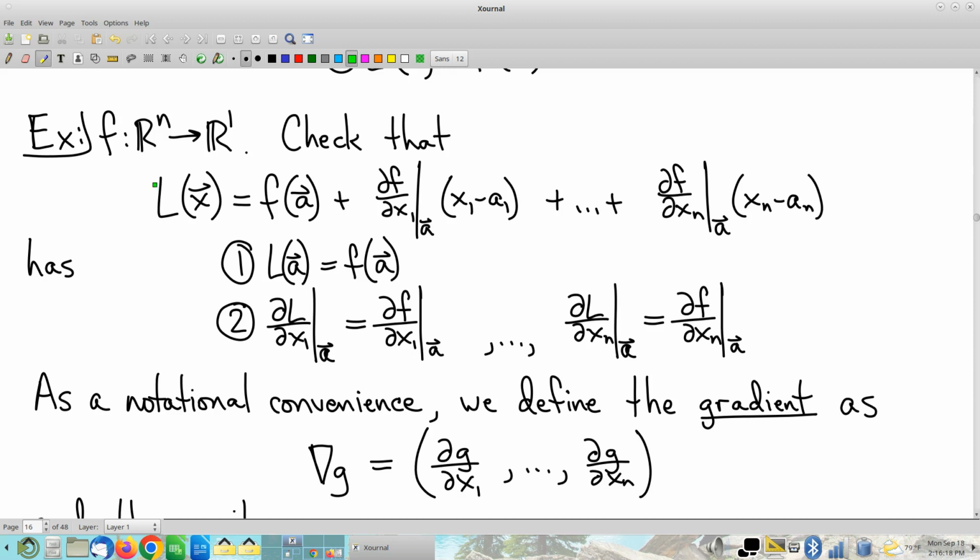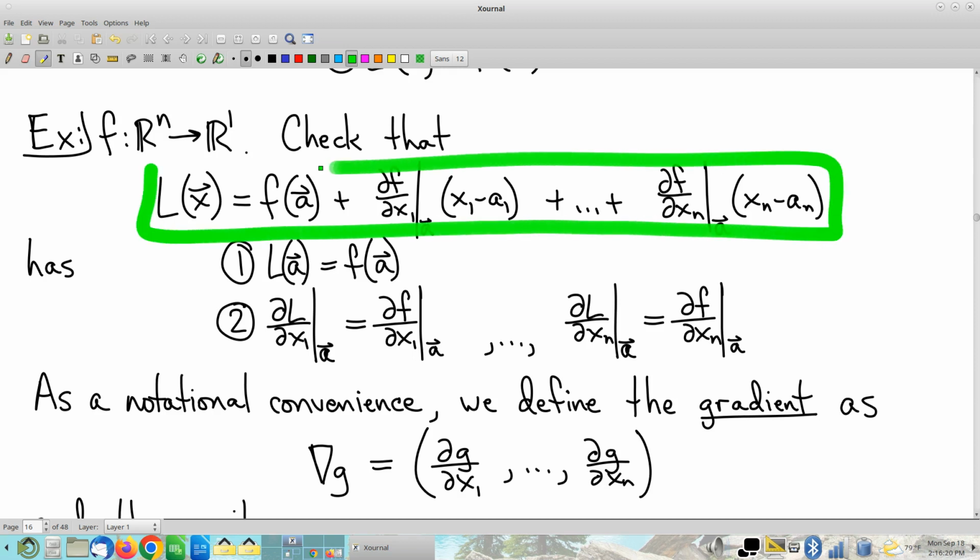And I claim that this is the linear approximation in the sense that it agrees with f in value at the point a, and in the sense that it agrees with f in terms of derivative. But wait a minute, there's a bunch of different derivatives. In fact, it agrees with f for all of the partial derivatives.